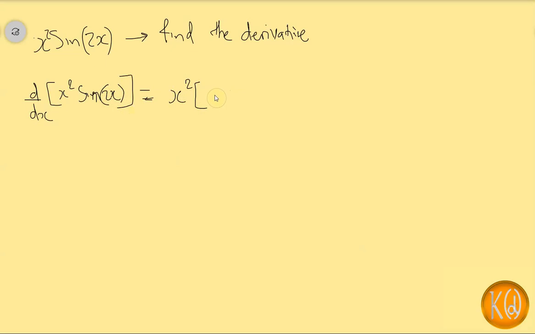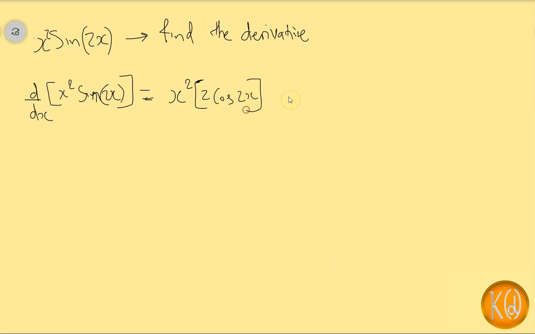Now if we remember from the previous video that sine 2x would require using the chain rule, and I also showed a shortcut to using the chain rule, so you can go back to that previous video and check out the chain rule if you haven't done chain rule as yet. Okay, so let me proceed to differentiating the second, which is 2 cos 2x.